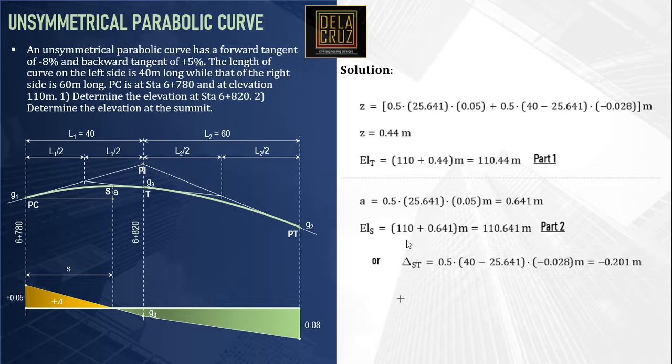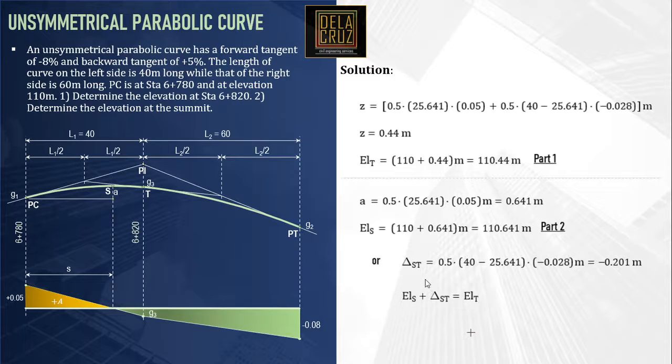Therefore, we can have it here: the elevation of S plus the delta of ST is equal to elevation of point T.